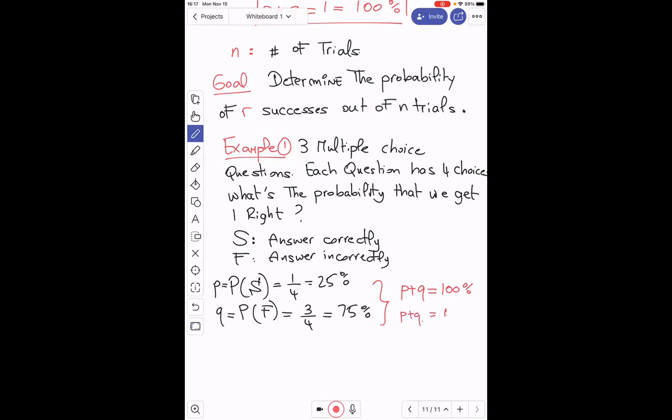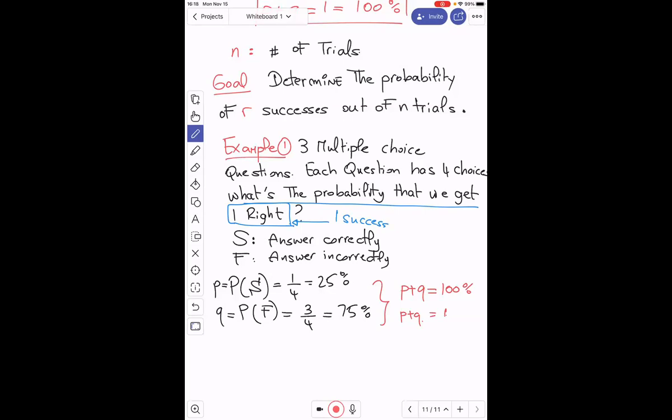Now, what's the goal of this question? The goal is to find the probability that we get one right answer. So we need one success here, out of 3 different questions.